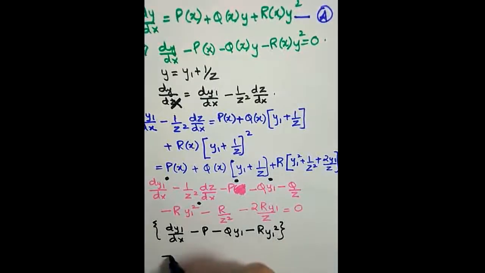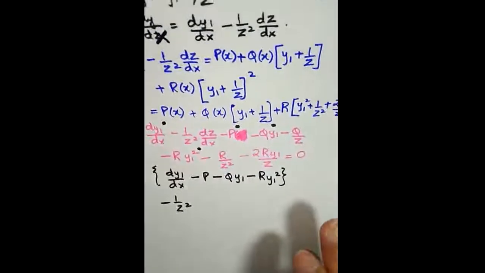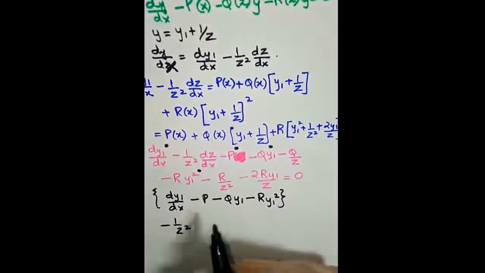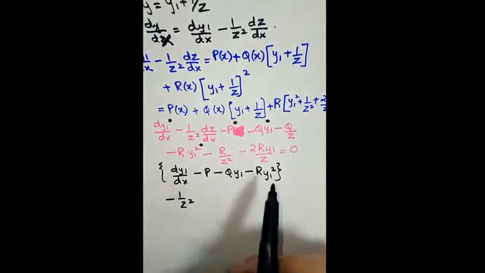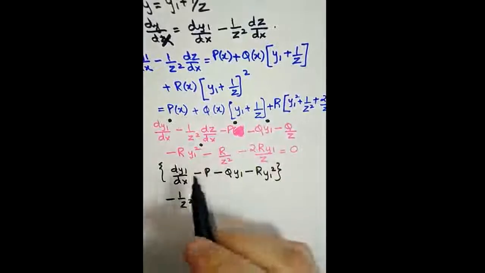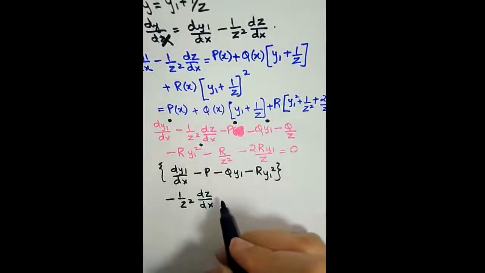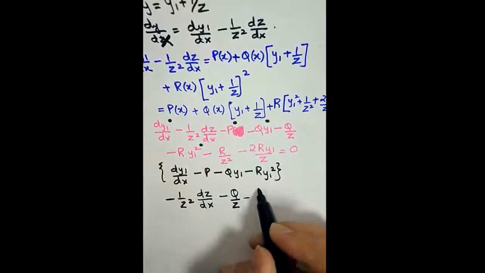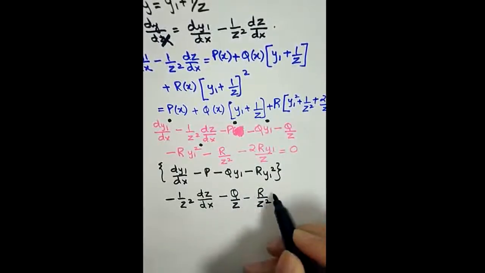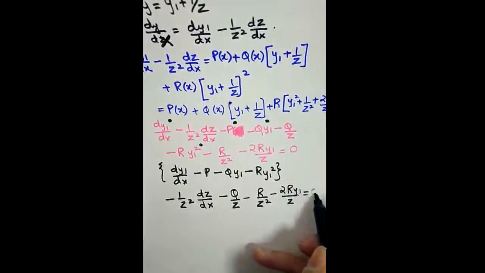The rest of the terms are minus 1 by z square dz by dx minus q by z minus r by z square minus 2 r y1 by z equals to 0.